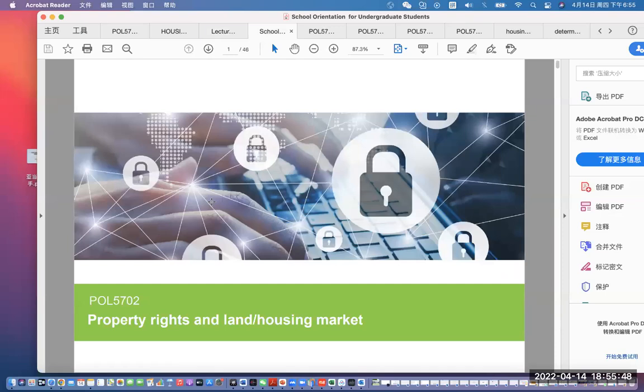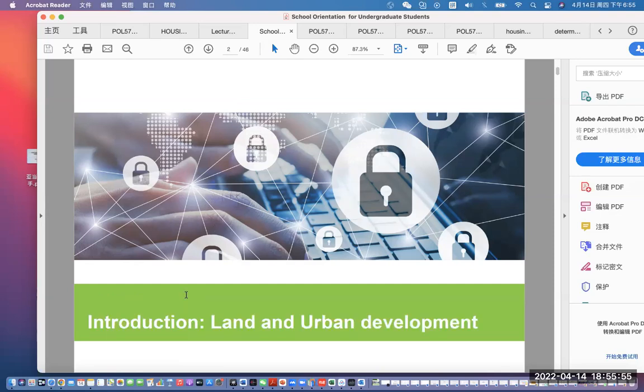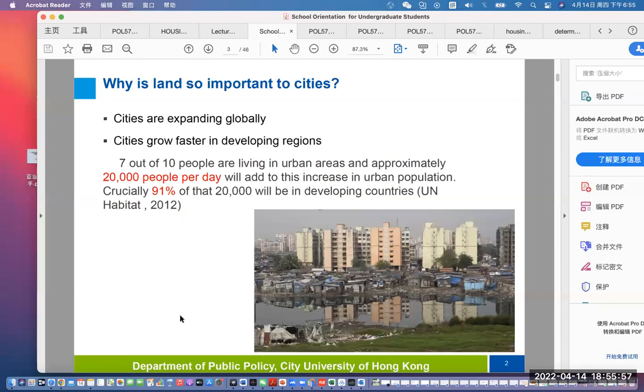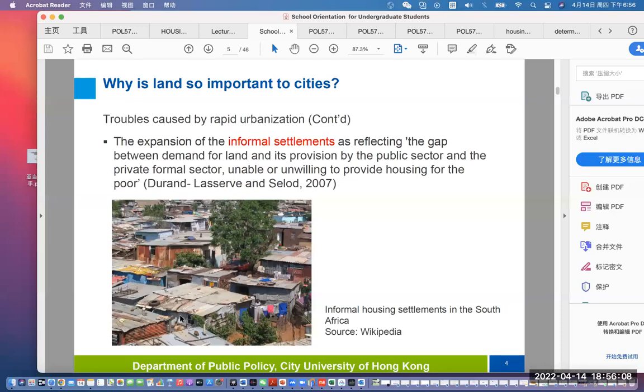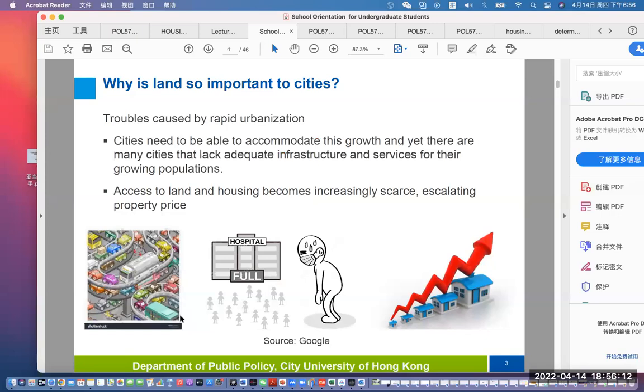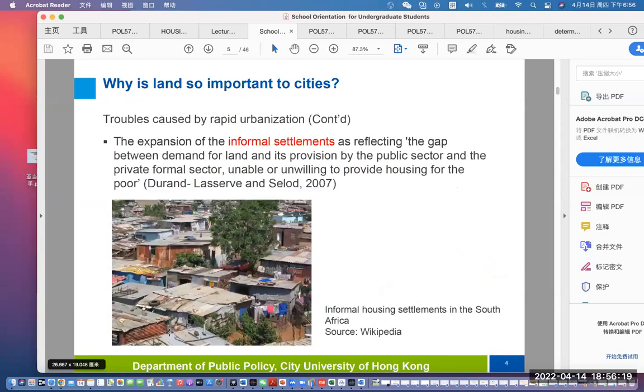And then the property rights in the land and housing market is also important for your potential reviews, because this is what Dr. Jin Ju has introduced. But let's go through this. When we're talking about housing, housing involves a lot of land areas, but there are some ambiguities among the boundaries of land.